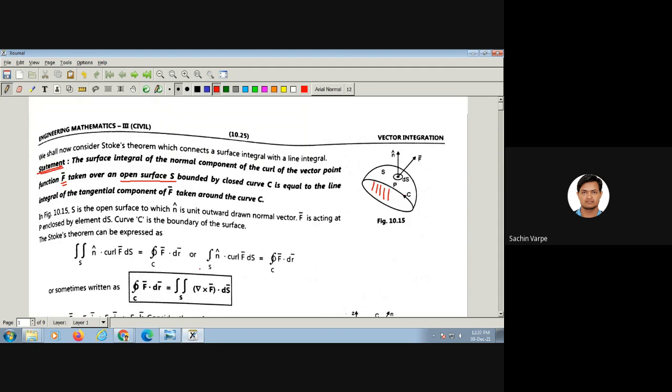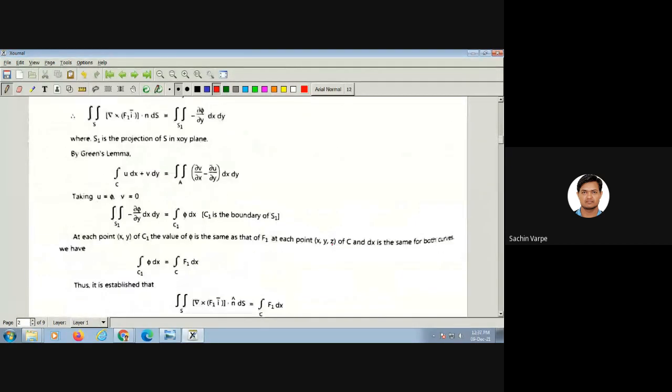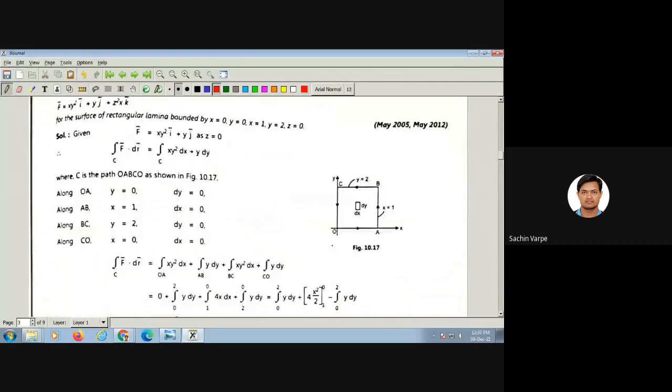So the surface integral of curl of f bar and its normal component is nothing but the line integral along the curve C, where this n cap is the outward normal to the surface S.